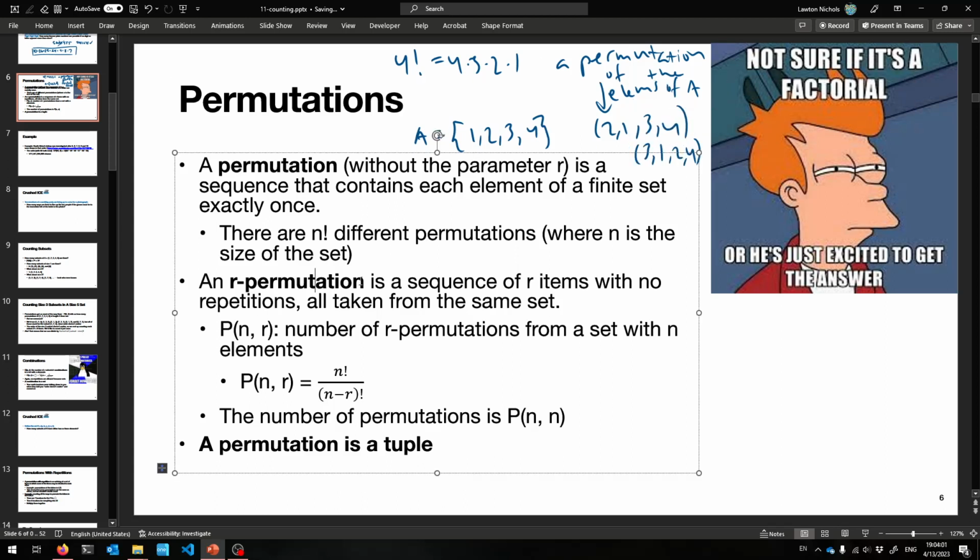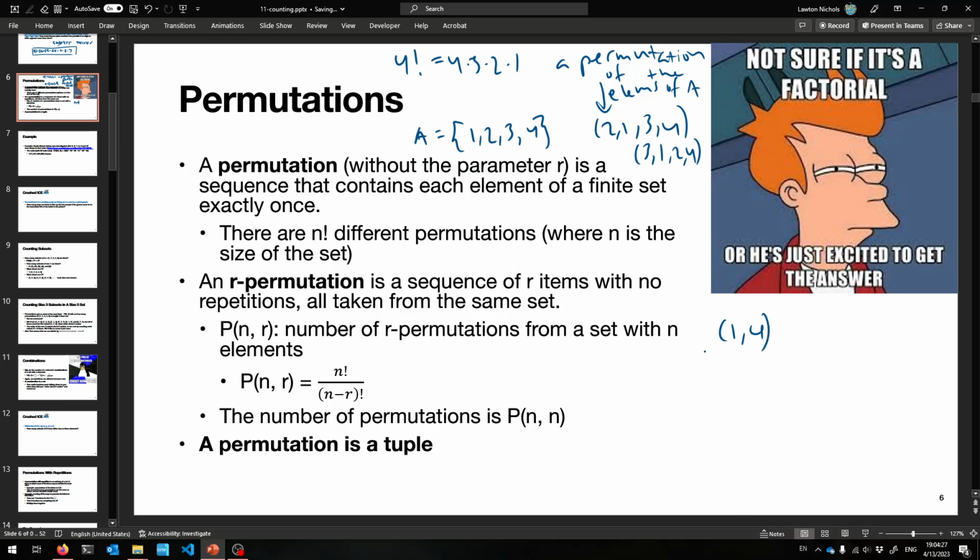If you just want a piece of the set and arrange those in some order, you use what's called an R permutation, and R gets replaced with a number. So an R permutation is a sequence of R things with no repetition, each thing taken from the same set. For example, if we still have our set A, if I want a 2 permutation, I just pick 2 things and put them in some order.